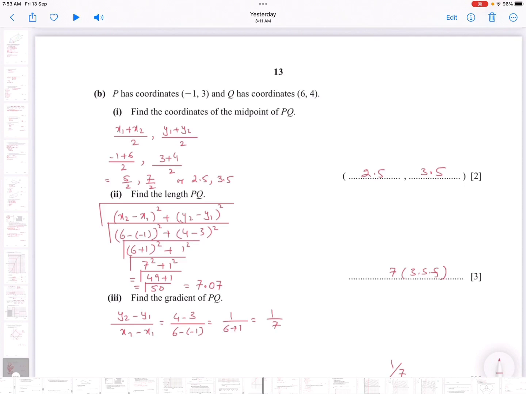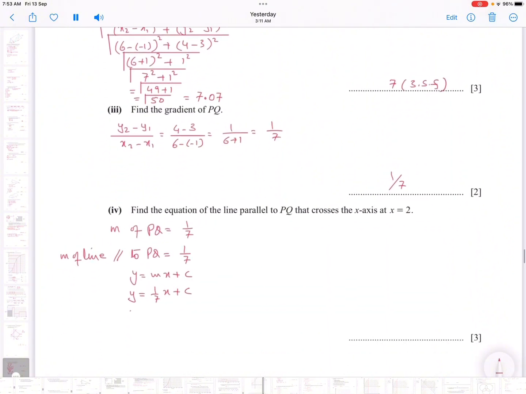Find the gradient of PQ. So the formula for the gradient is y2 minus y1 over x2 minus x1. So place the values in correctly and simplify it. So you see the gradient is 1/7.